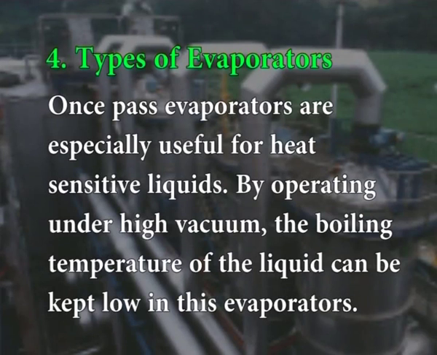Agitated film evaporators are always operated as one pass. One pass evaporators are especially useful for heat sensitive liquids. By operating under high vacuum, the boiling temperature of the liquid can be kept low in these evaporators.